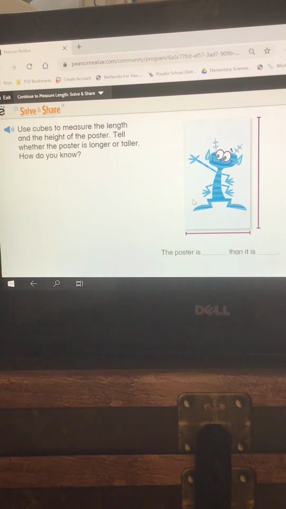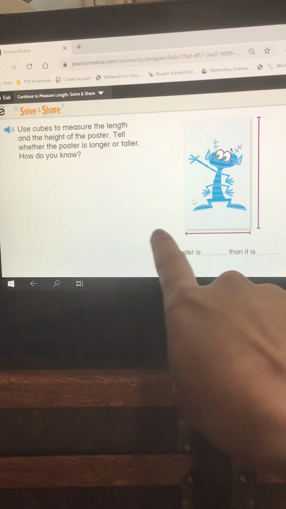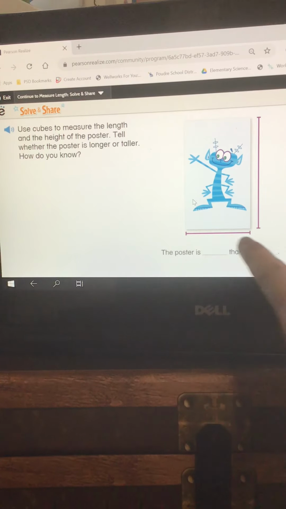And the length for a picture-wise is on the bottom for our picture. We also call it the width. So this is going to be our height up and down, and this down here is going to be our length, okay?